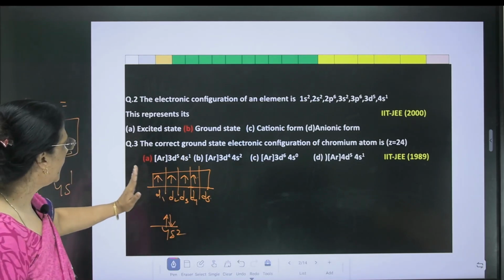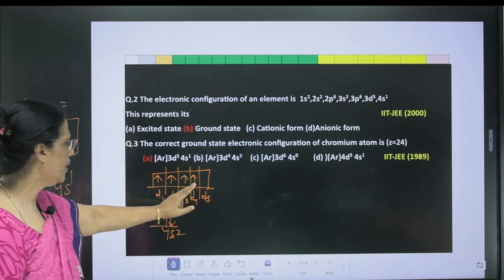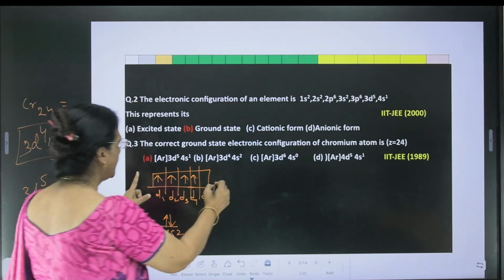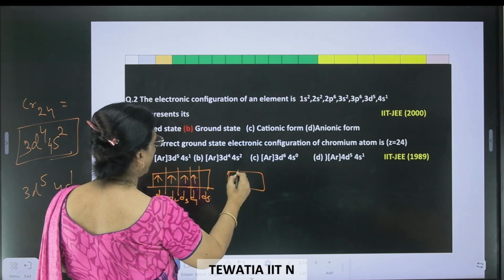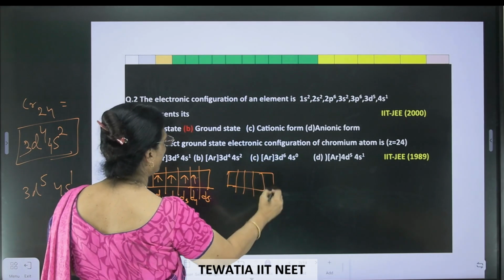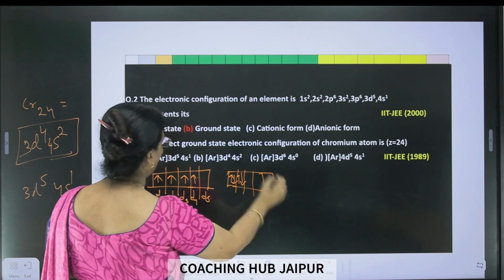Now, there are 4 unpaired electrons. We are writing in this way. We have not written it like this, with 2 here and 2 here; that is wrong.